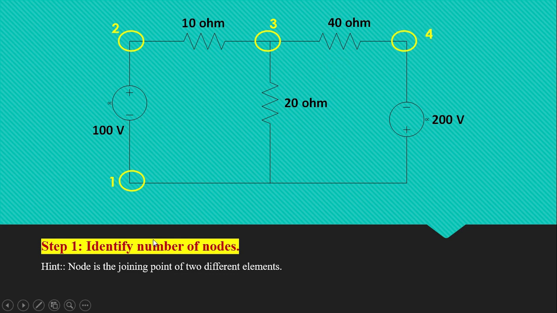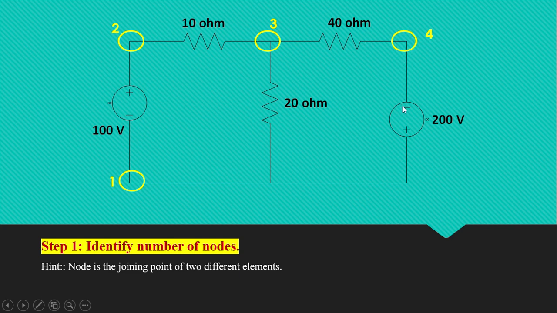The concept is that whenever we have any element between two points, the two points will be considered different nodes. If I consider this as node 1 and go up, then after this element, which is a voltage source, this point will be treated as a new node, node 2. After this resistance, this point will be treated as node 3, and after this resistance, we will treat it as node 4.